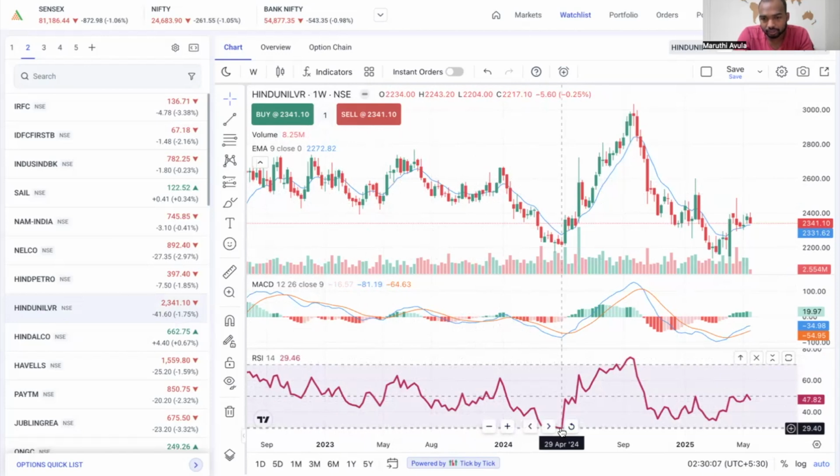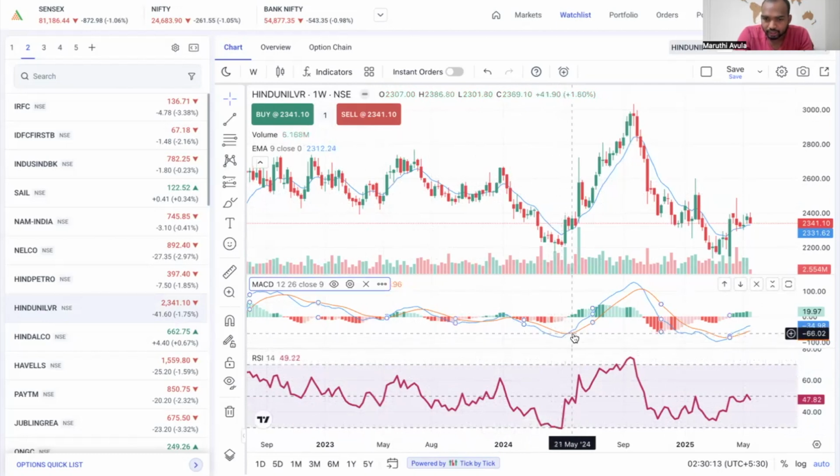At a similar time, the MACD line cuts the signal line here. So this is a bullish crossover. When these two match, RSI as well as MACD, you can see the clear bull run.